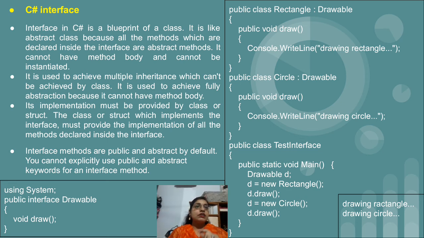And in case of an interface, when we declare a method inside the interface, we never use the public access specifier, because they are by default public in nature, so we don't need to write the public keyword. And when we are inheriting that particular method in a class and defining that method, in that situation we make use of the public keyword, that is compulsory, otherwise we will get an error message.